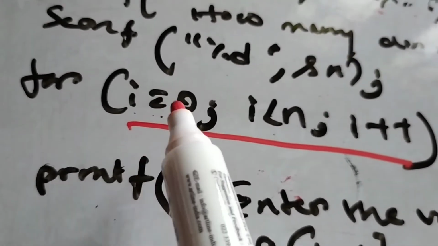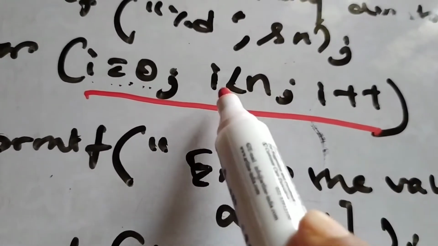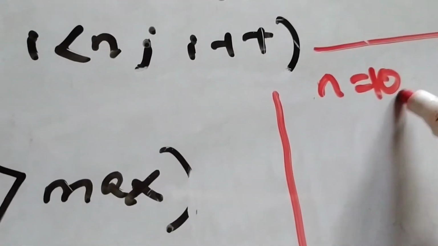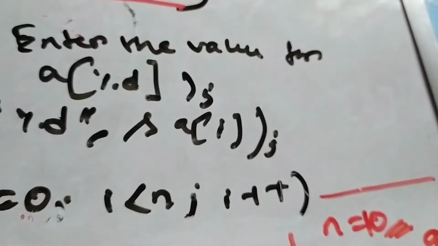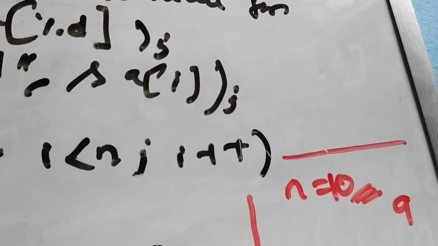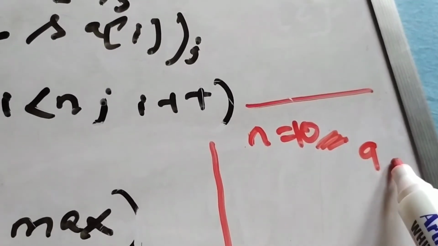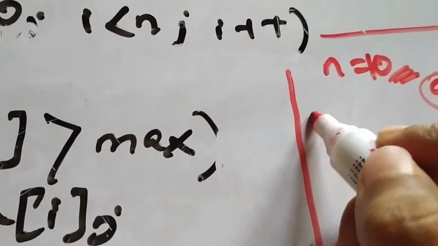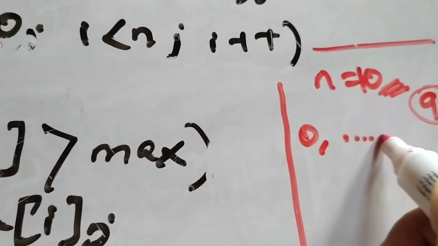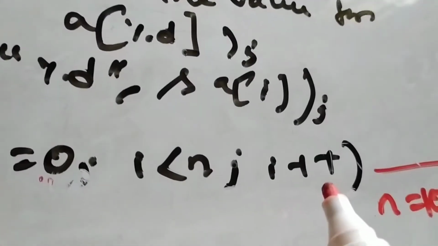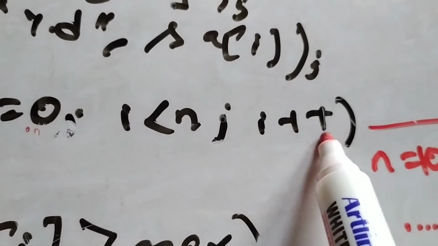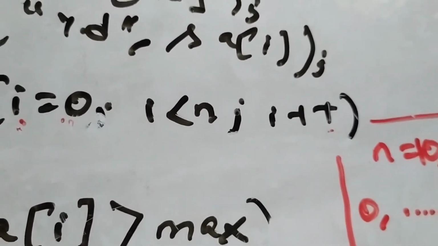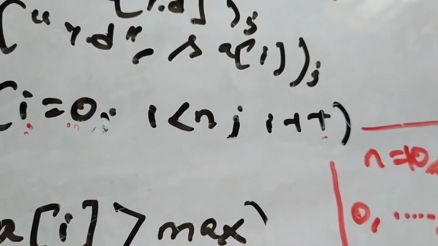So i should start from 0 and should always be less than 10, that means it should not exceed 9. It starts from 0 and ends at 9, and will be increased by 1, as I have used an increment operator. I have made a separate video on the increment operator; you can check that out.